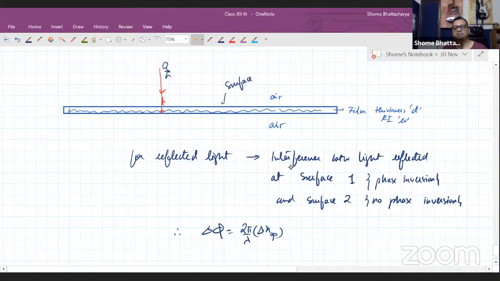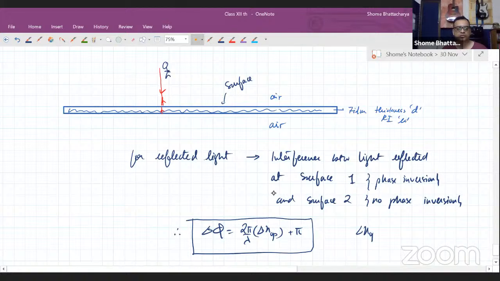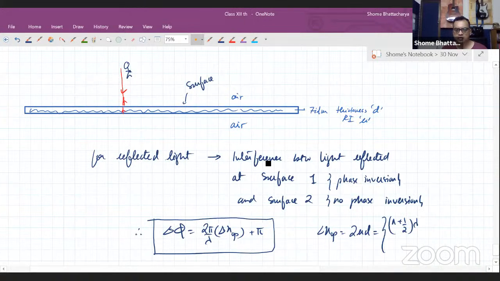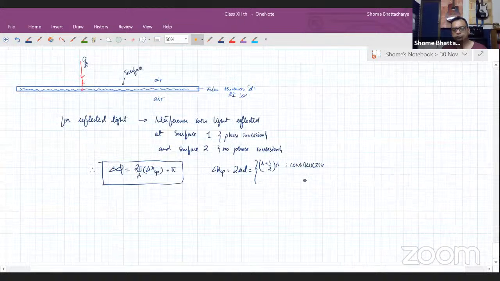Okay, the phase difference will become 2n pi, or in this case (2n plus 1) pi, whatever. And we can write this as n lambda for destructive interference.